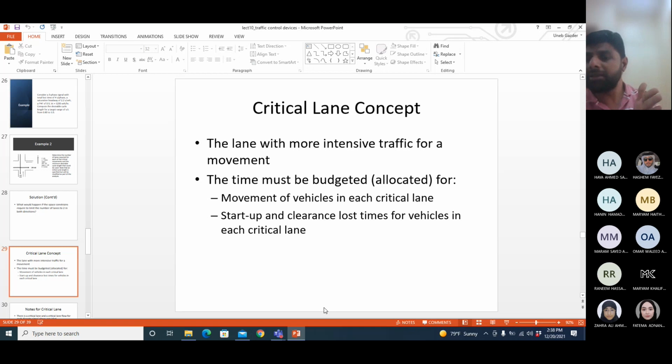Headways for which lane? The lane which you will be taking as a critical lane. So if you decided left turning will be the critical lane, take the headways from that lane for calculation of startup loss time. And clearance loss time, we have an equation to calculate it, which I will show you later on. But again, that equation must be applied to the critical lane of the phase.